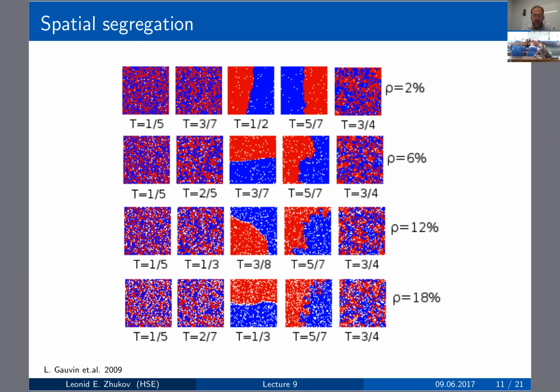On the right side we have very tolerant people, where an agent can have like three quarters of its neighbors being different from him. And on the left side, we have very intolerant people.